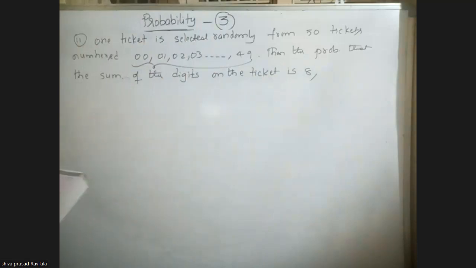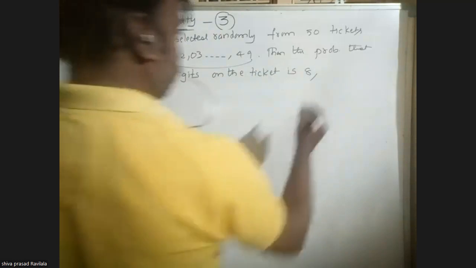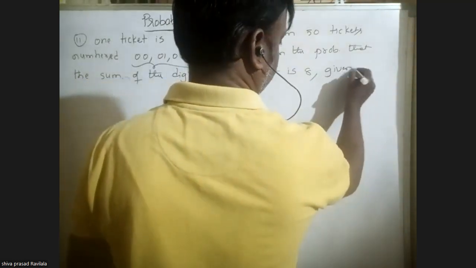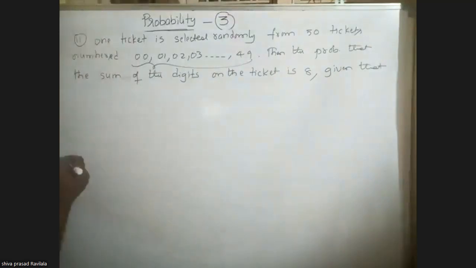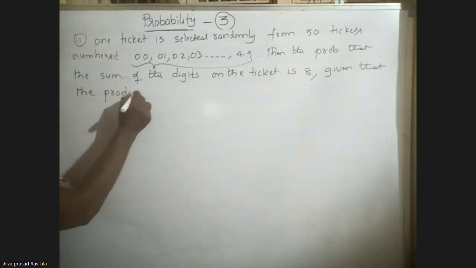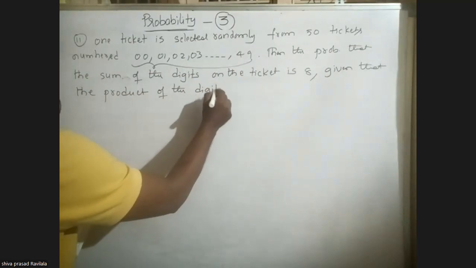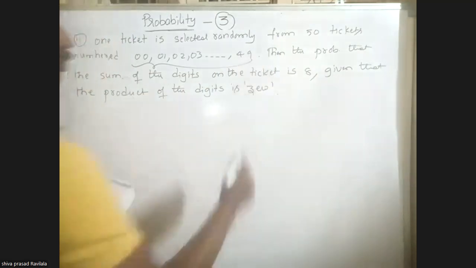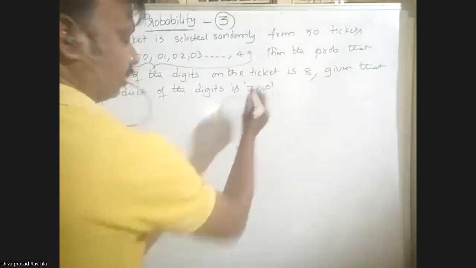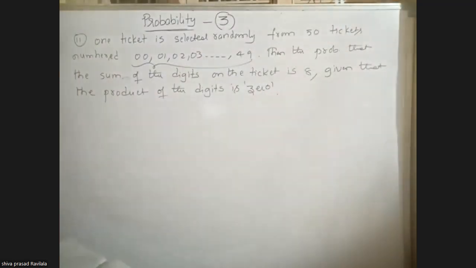Observe here: the sum of the digits on the ticket is 8, comma, given that. What is given here? The product of the digits is 0. Which condition and which formula?